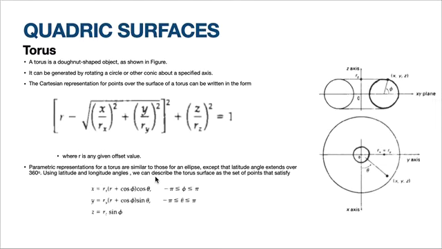Using the latitude and longitude angles phi and theta, we can describe the torus surface as a set of points that satisfy these equations: x equal to rx into r plus cos phi in cos theta, y equal to ry into r plus cos phi sin theta, and z equal to rz sin phi. Here the difference is that phi ranges from minus pi to pi, and theta extends from minus pi to pi.